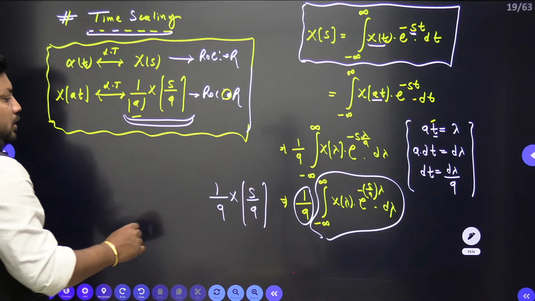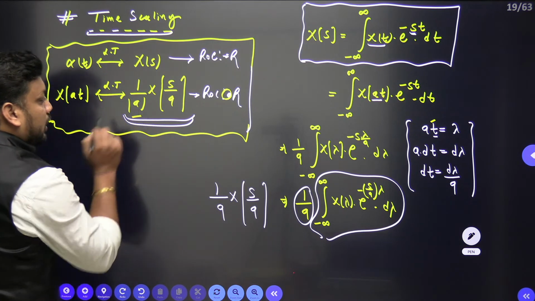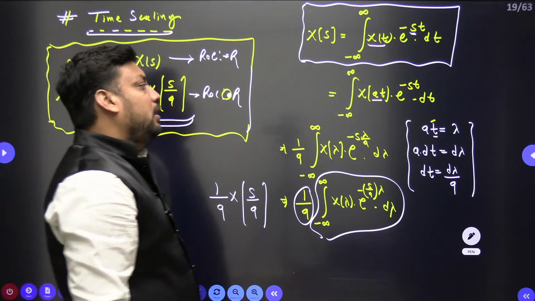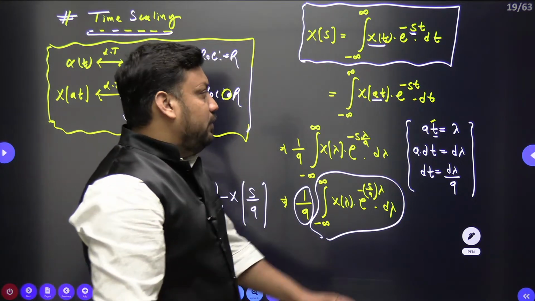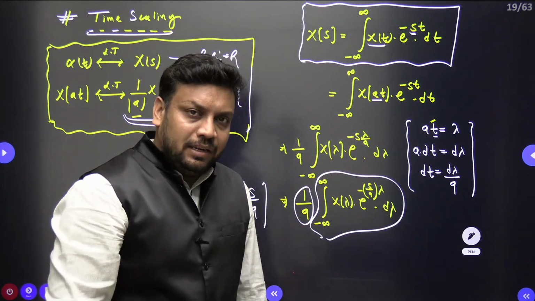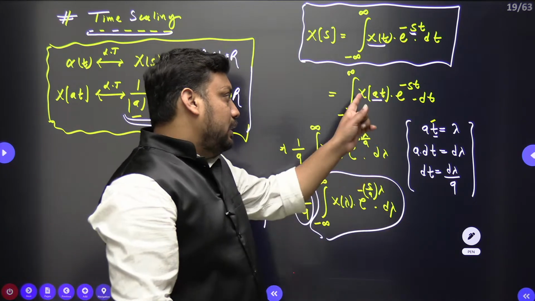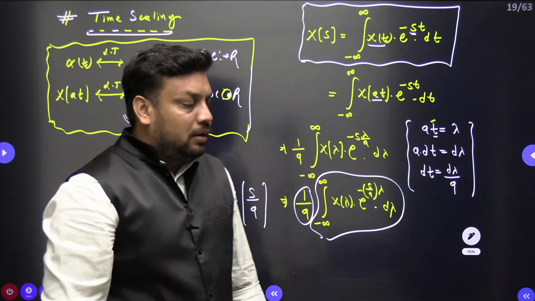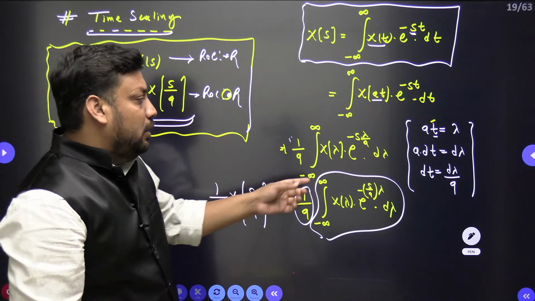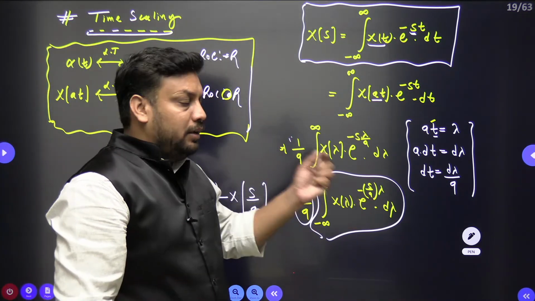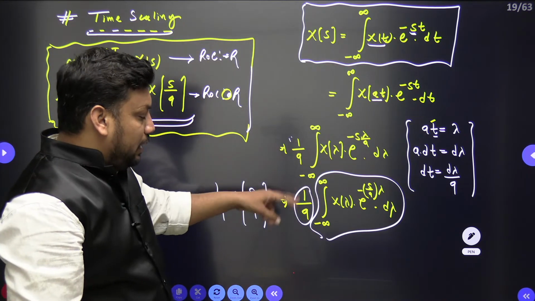Now one confusion may come to your mind: sir, why are you writing mod a here? Because I have mentioned a here. Even if I take x of minus at, it means outside 1 by a only will be there. However, a minus sign will be there, but outside will be minus.